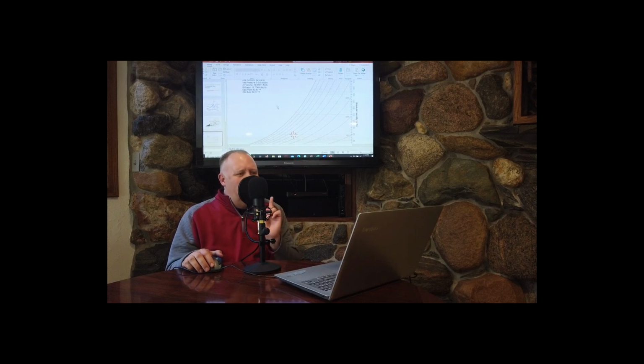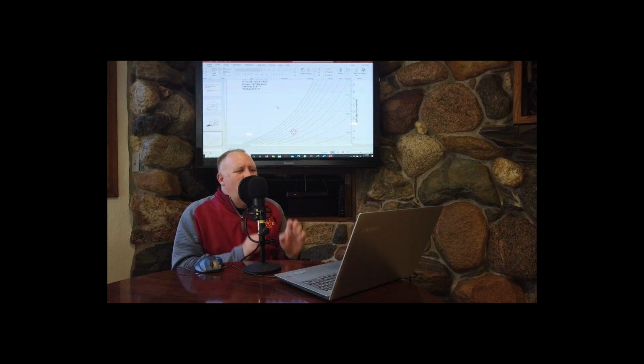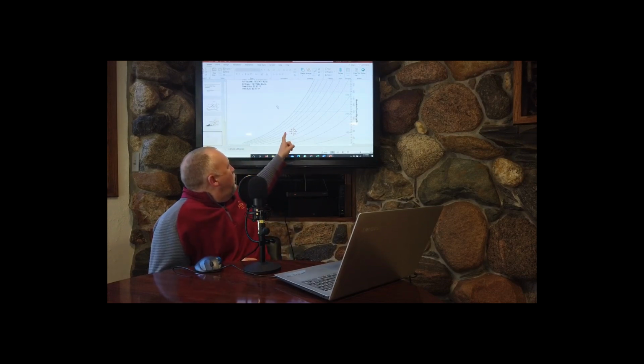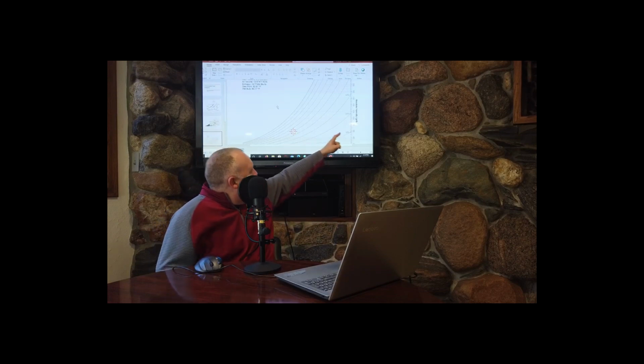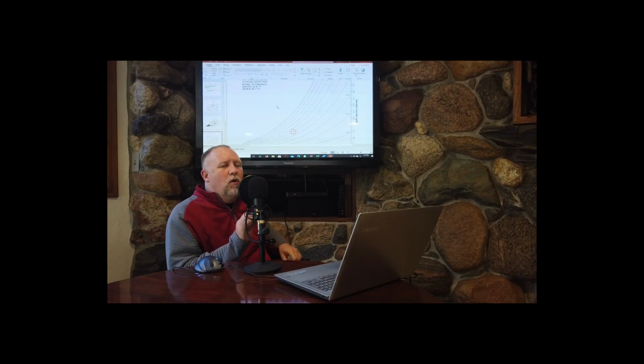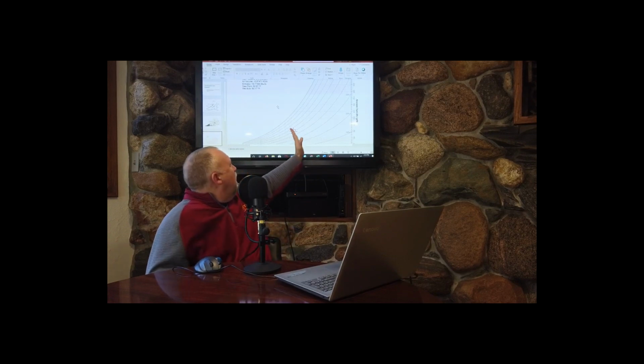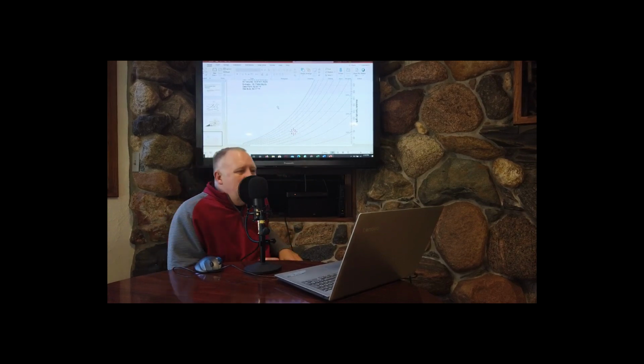Dew point, enthalpy and wet bulb are the ones I really want you to read. Dew point, once again, go all the way out to the right on your psych chart. Dew point is going to be right about 52 to 53 degrees. Wet bulb temperature, come up this way. It should be right about 60.